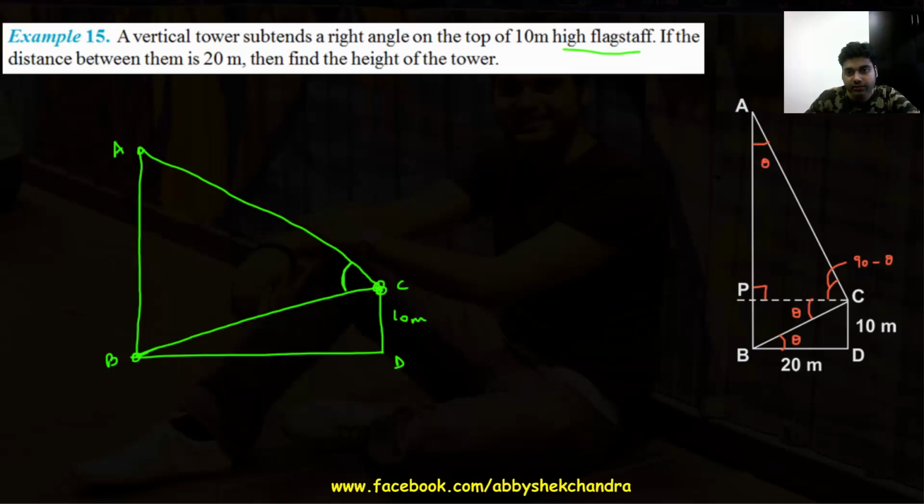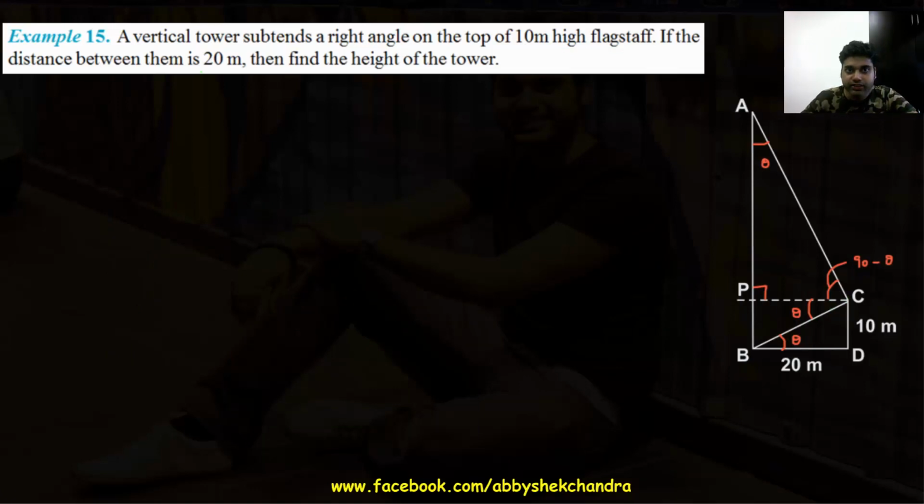So this is the angle subtended by this object AB, which is given to be 90 degrees. So AB is the tower, and this angle will be 90 degrees. This is the angle subtended at the top of the flagstaff.